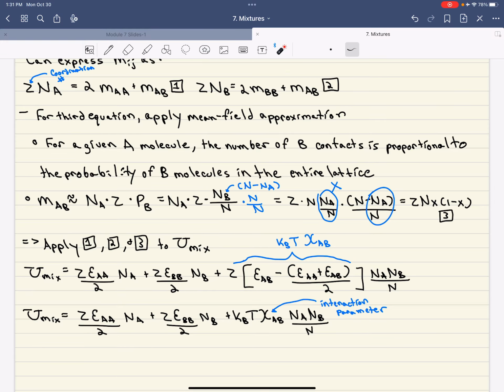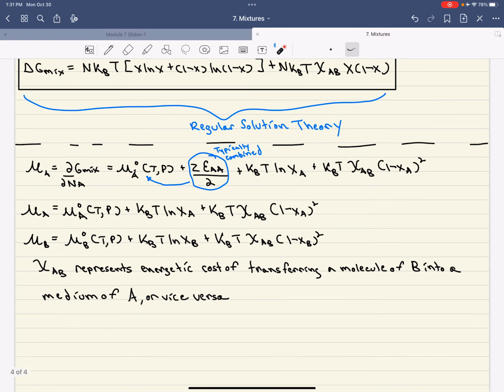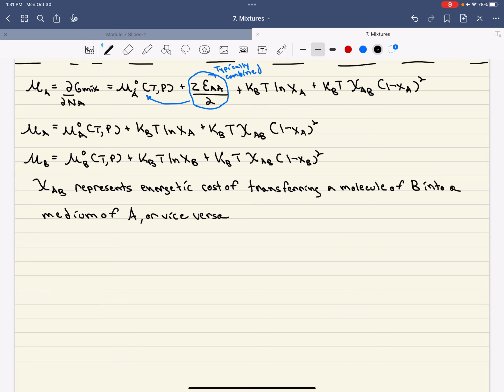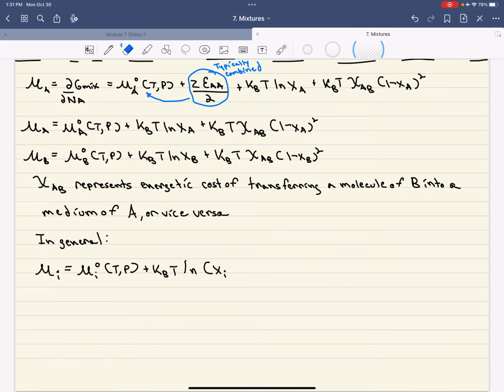All right. Okay, and when it comes to the chemical potential of a concentrated mixture, in general, your chemical potential for species I can be described like this. So we have our standard state chemical potential, the kBT term, and then the natural log of the mole fraction times this gamma parameter, right?